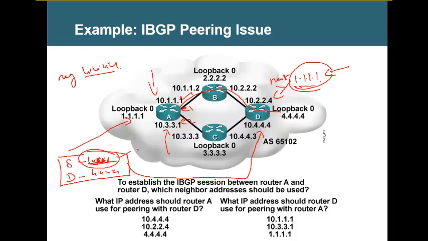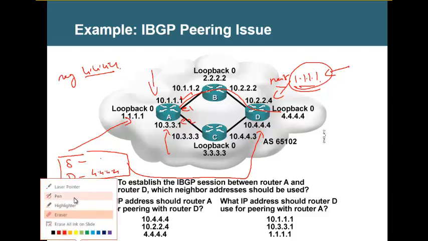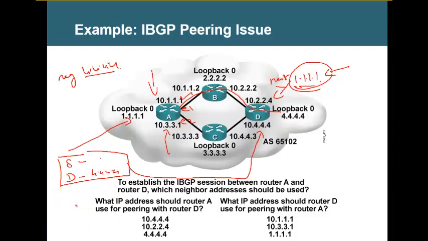So what is the solution? Don't ask me to change the neighbor address on RD. I don't want to change the neighbor address. Why? Because we just learned that using the loopback interface address is best whenever you have a redundant path. So I cannot change this address to 10.1.1.1. I should not do that.